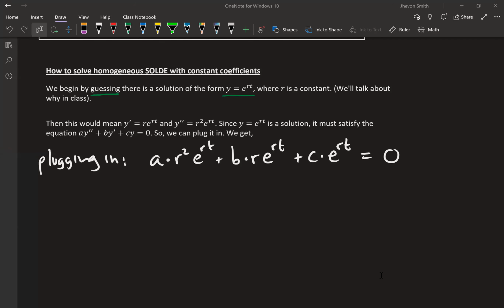So now I'm going to essentially want to find an r that makes this true. Now here's something we can do. We can actually divide by e to the rt since it's non-zero. Right? The exponential function is never 0. That's a fact that we knew a while ago.